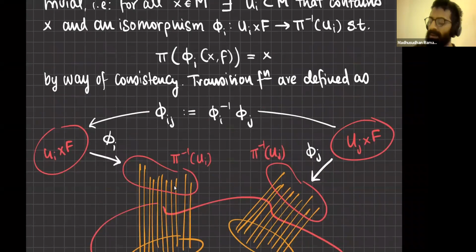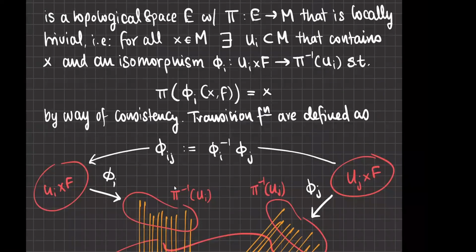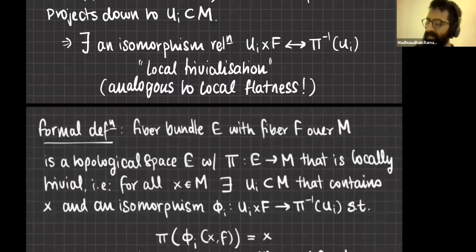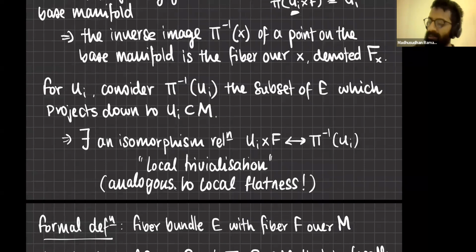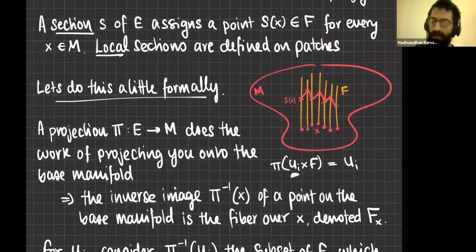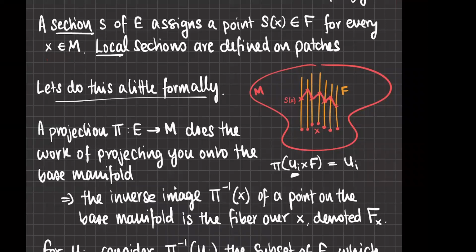Right. And also, can you once again show me the definition of section? Section. Okay, good. A section S of the fiber bundle E assigns a point S of X, which belongs to F, for every X in M. Okay, thank you.